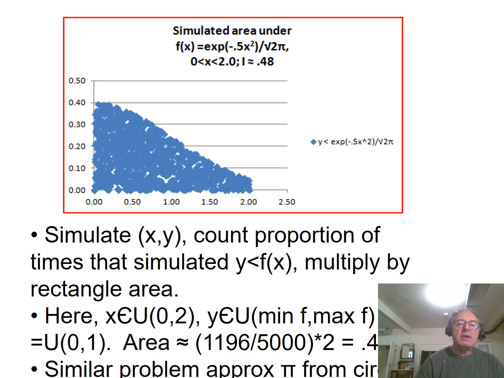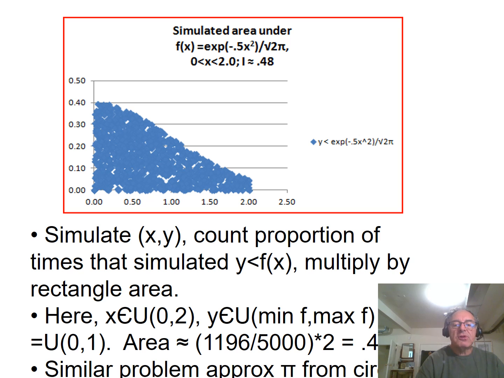Here I'm simulating ordered pairs (x, y), and then I'm asking for each (x, y), is that y less than the integrand e to the minus 1/2 x squared, etc. If it's less than that integrand, then I want to count it, and I want to count the proportionate number of times this occurs when related to the full area of the rectangle. That is the integral.